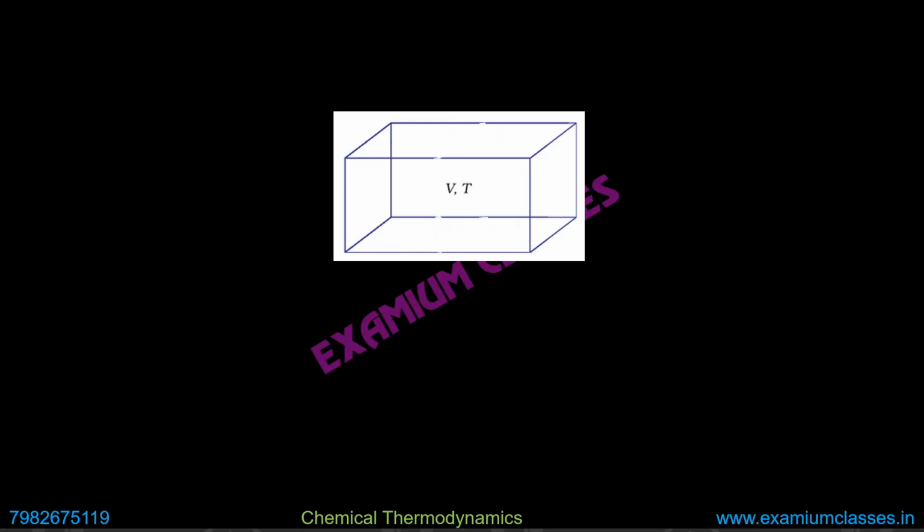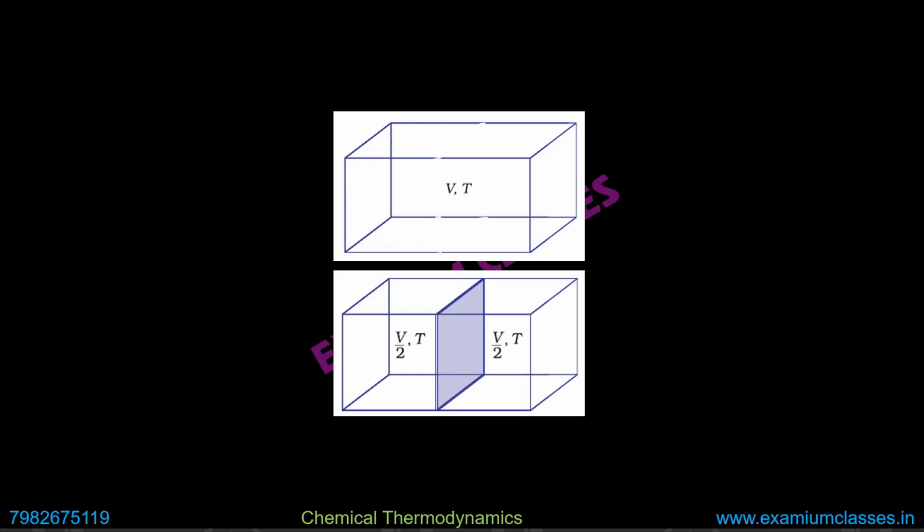So suppose you have this container and it has a gas, the volume is V, temperature is T. Now if you place a partition, you divide it into two equal halves. You see that volume is changing. New volume is half, but temperature is same. Temperature will not change.